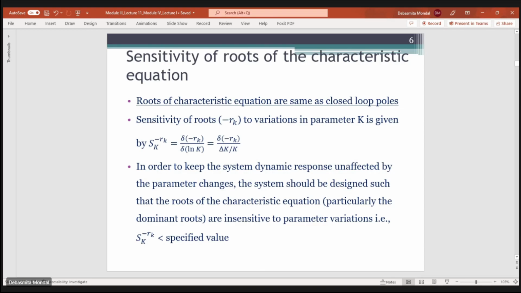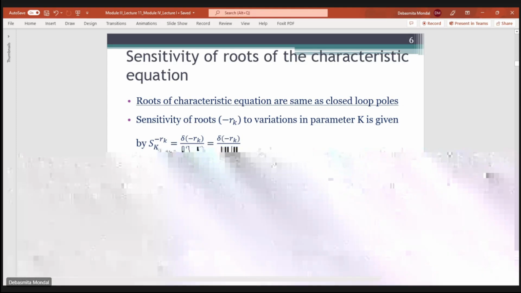And why are we saying dominant root? If you remember, when we were talking about dominant poles, the response of the system is governed by the position of the dominant root or the dominant pole. If a pole is not so dominant, meaning the pole is lying far away from the imaginary axis, the effect of that pole on the system response is very small. But the pole which is closest to the imaginary axis, known as the dominant pole, has the maximum effect on your system response.